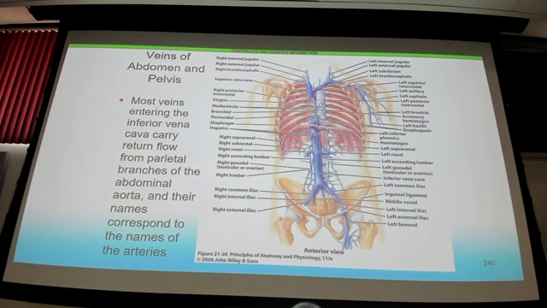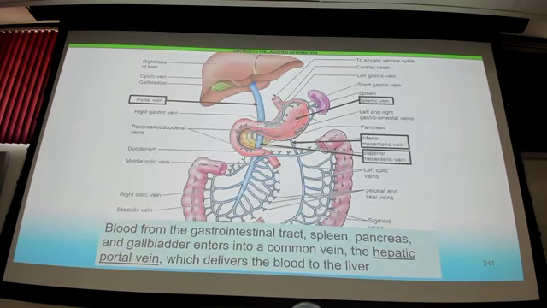If there's a suprarenal or gonadal artery, there's a gonadal vein. Hard stop. Got it? Because I like to focus more on, well, what about the hepatic portal vein? Because that's what gets you money for diagnosis and stuff, right? So if we realize all the rest of the blood in the abdomen goes to the inferior vena cava except this, that makes it an easier way to remember.